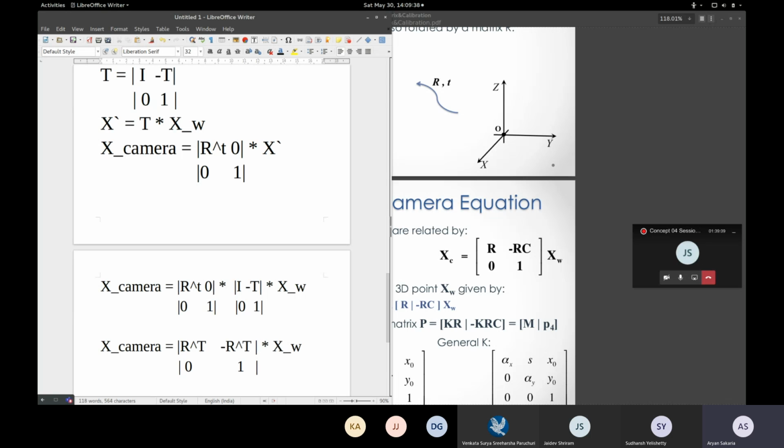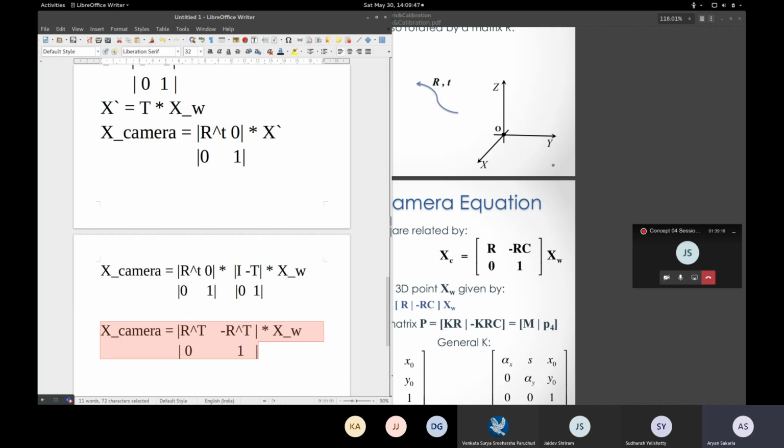This is the important thing. I want to convert my world points into my camera points, and this is the equation you have to look out for.